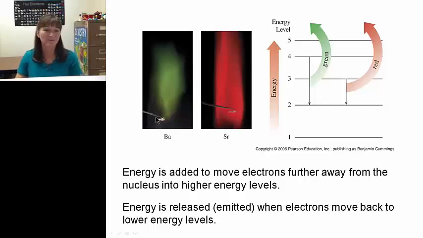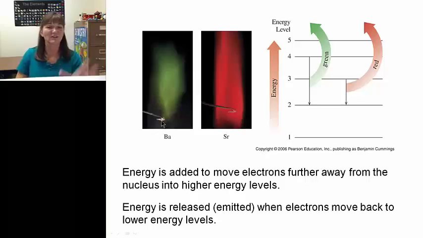And so the flame is giving the barium atoms energy and causing electrons to move out further. This particular picture is showing that the electron had been moved from a 2 to a 4, and then when it relaxed back down to the second level, it gives off green light. Where if it goes from a smaller energy gap, you might get red light.